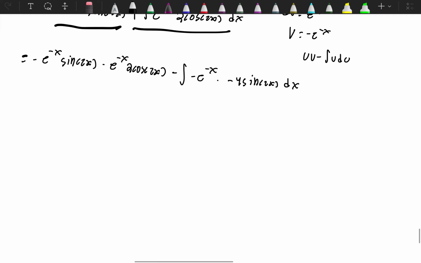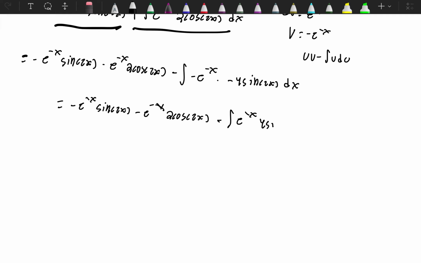So this is still a negative, so this turns into negative e to the negative x sine of 2x minus e to the negative x 2 cosine 2x minus e to the negative x 4 sine 2x dx.